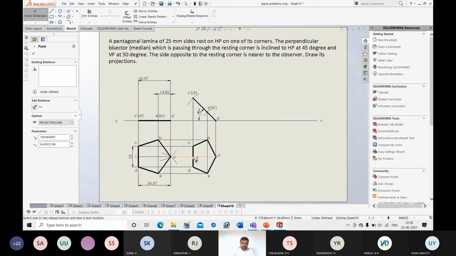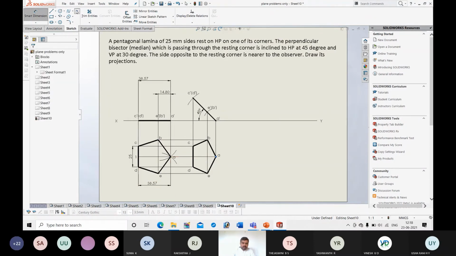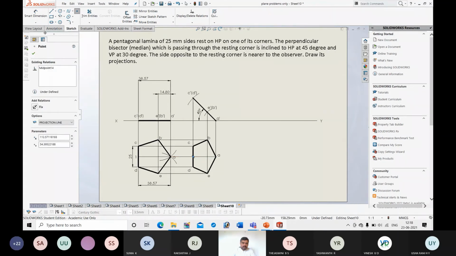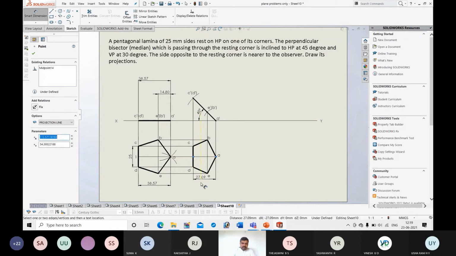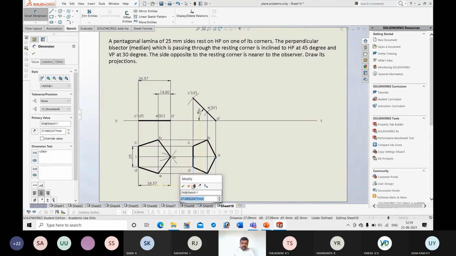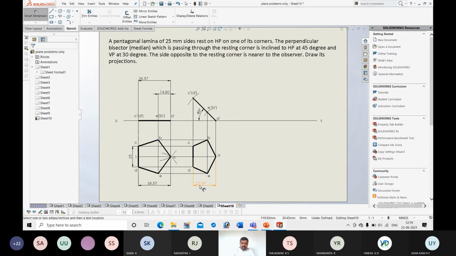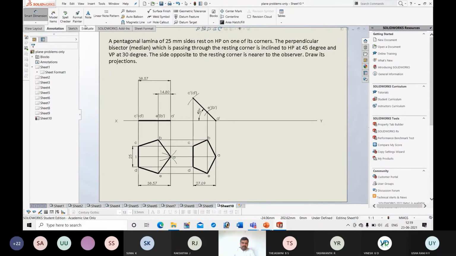Now here the length of this perpendicular bisector got reduced to 27.09. That means here I have the false length of perpendicular bisector A1.